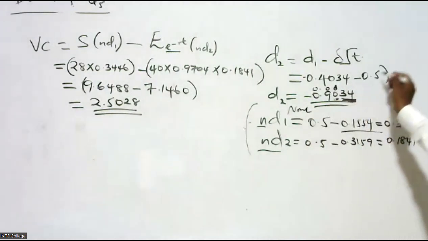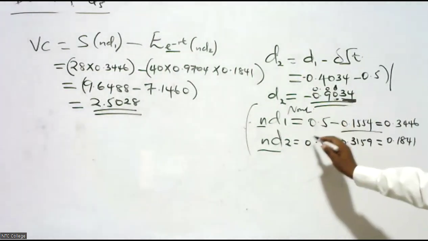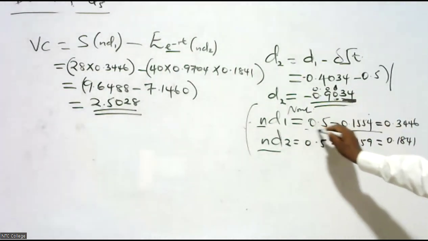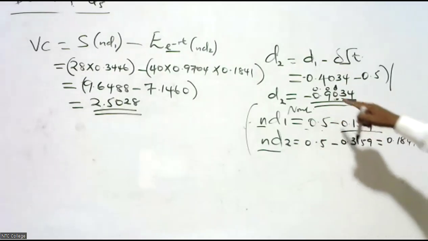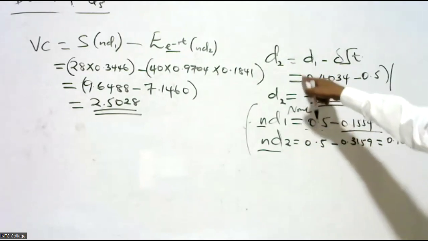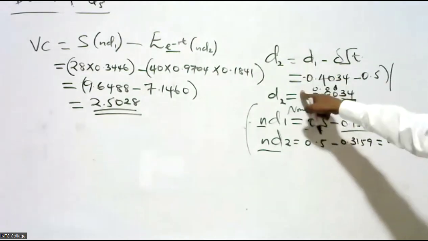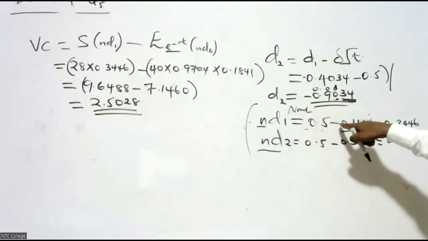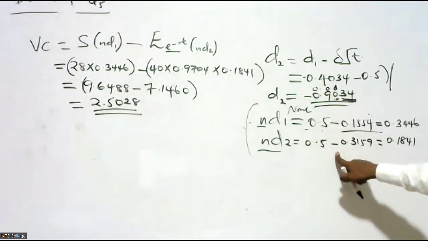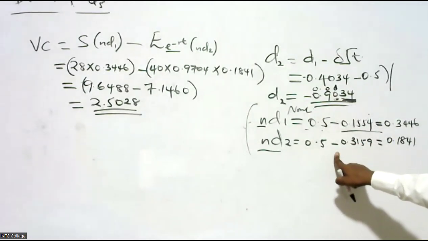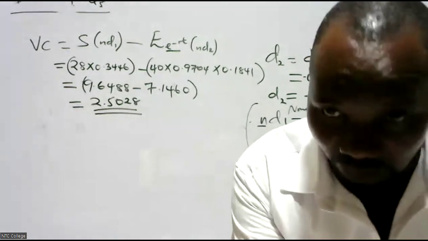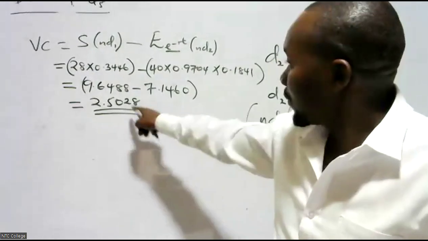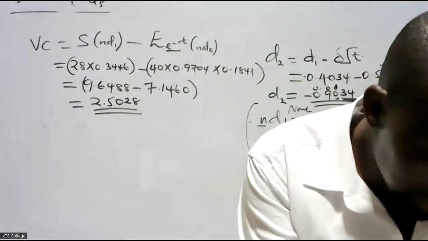Normalizing what you had here, you normalize it by checking on the table, and then you add or subtract 0.5, minus or plus, depending on whether these ones were negative or positive. So the determinant here are the signs. They're the ones that will guide you whether it's negative or positive. When checking on the table, just check the positive ones, and then you'll now be able to calculate them. So that is 0.2, 0.5.